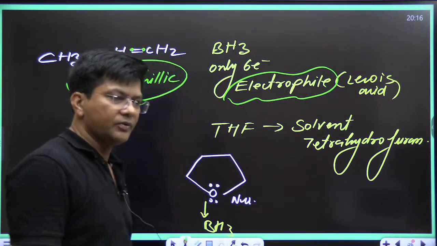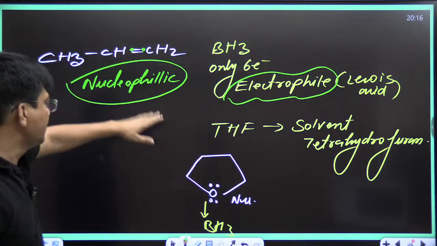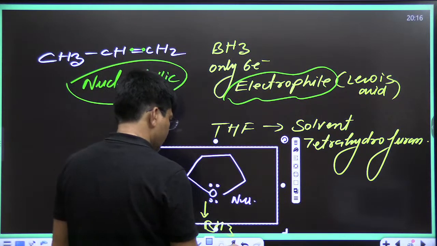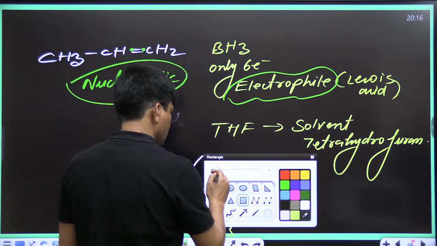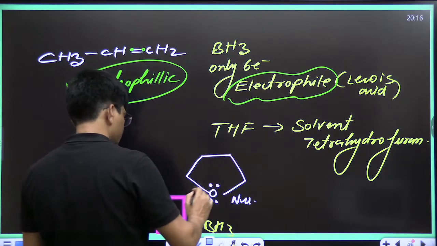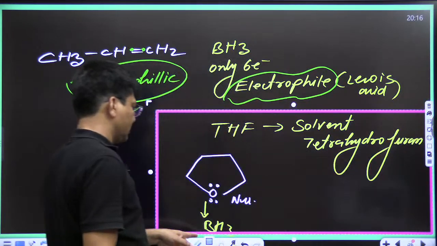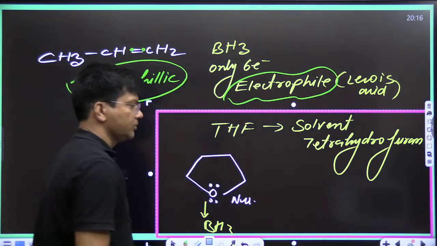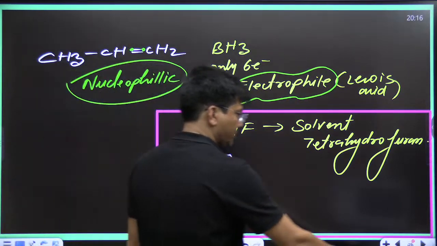I hope everyone is able to understand how the reaction is going to proceed, why the things are added, and what the role of the solvent is. Why the solvent is kept there is also given. My dear students, is everyone following? Now let's see the reaction on the next page, how this is going to take place.